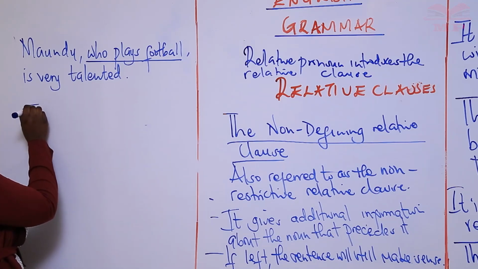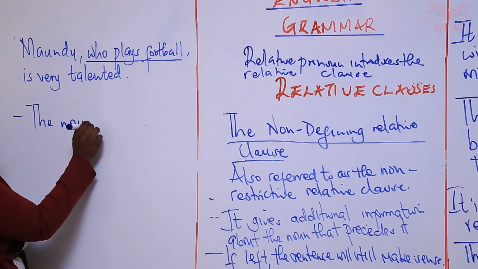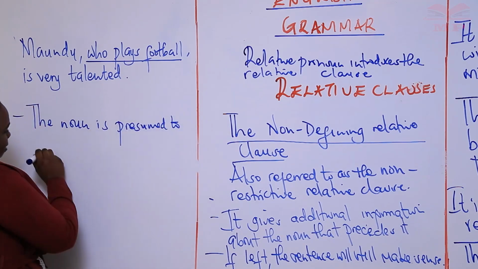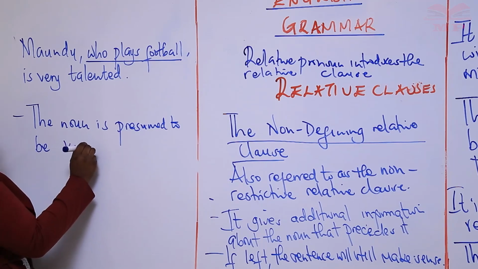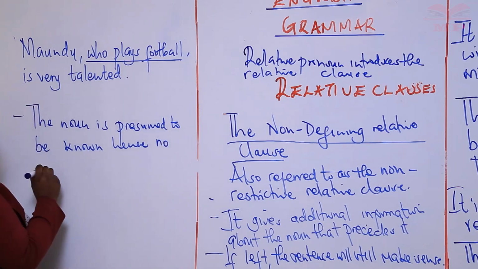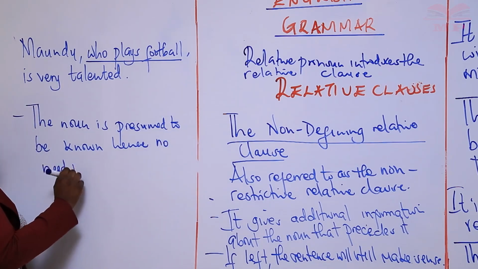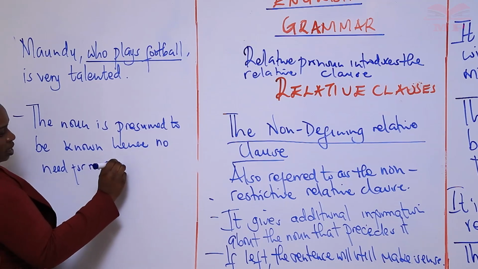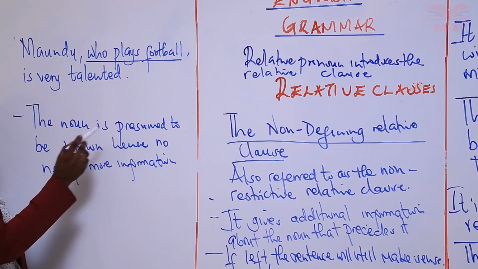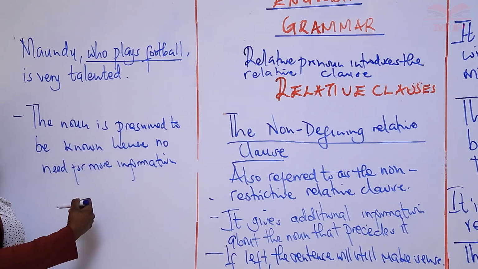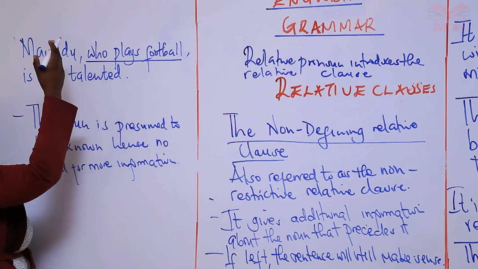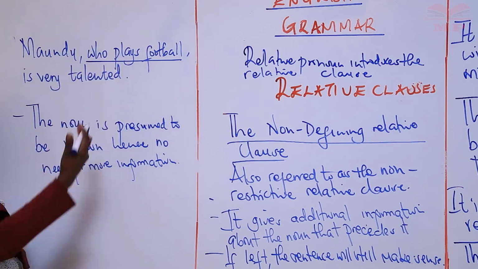Another thing we need to note: the noun is presumed to be known, hence no need for more information. So that's why we call it additional information. We already know who Maundu is.